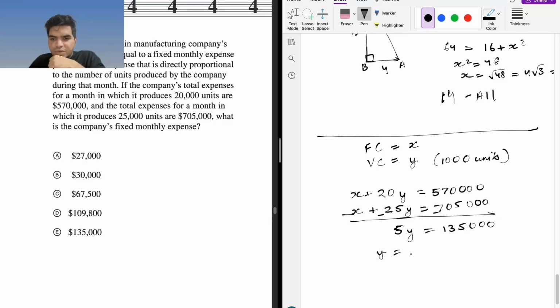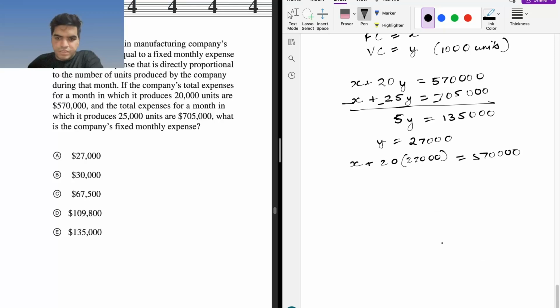Now y will be 27,000. Just plug in, because we need to find the fixed cost, not the variable cost. So x plus 20 into 27,000 is equal to 570,000.